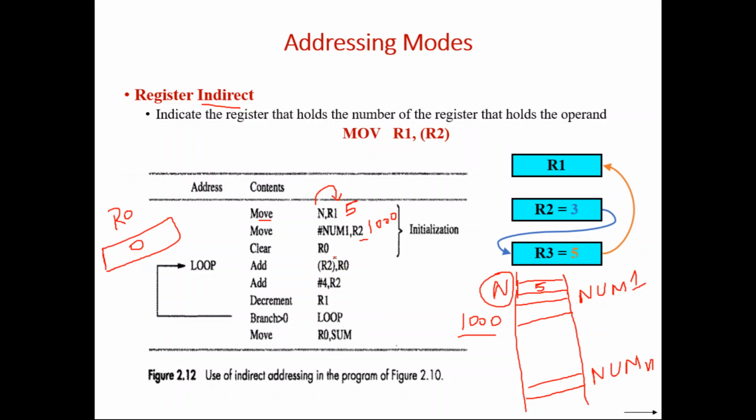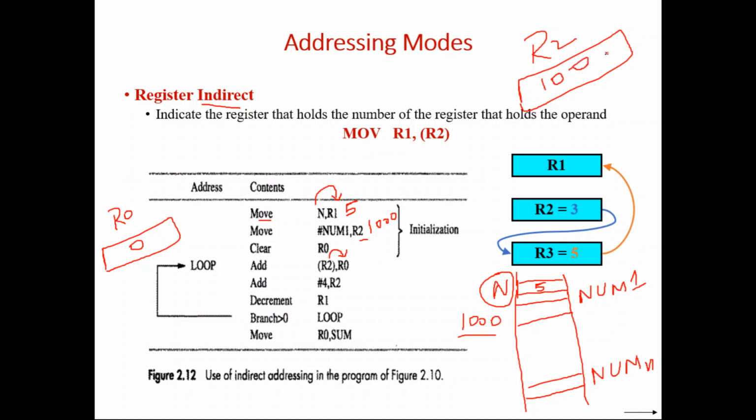R2 and R0 will be added and the result will be stored in R0. Whatever R2 contains represents a memory location. R2 contains 1000, so it is referring to the memory location 1000.